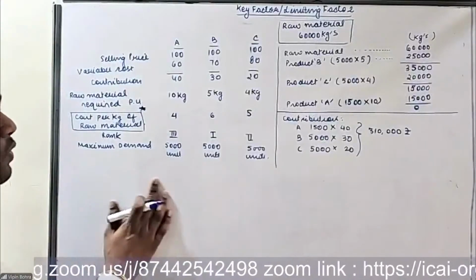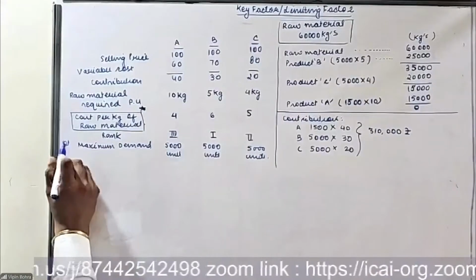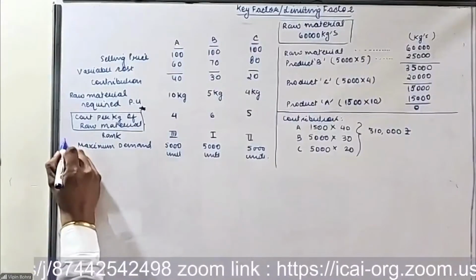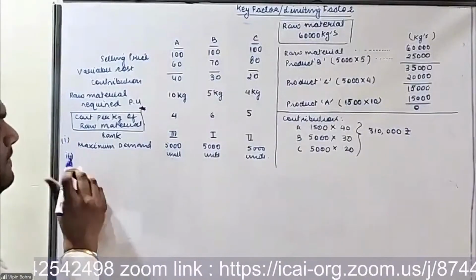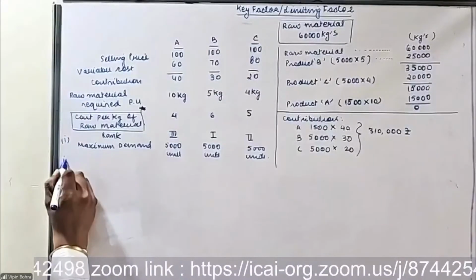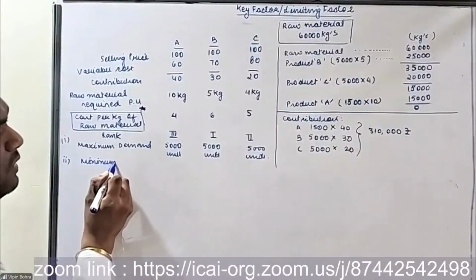Now let's take one more question. Let's say this much information is given in question number 1. Now additional information is also given wherein minimum demand is also given.